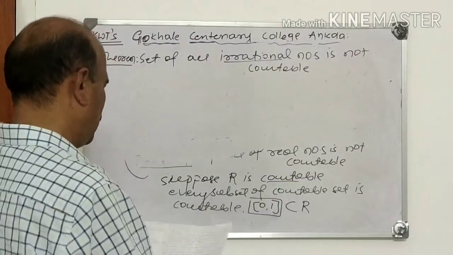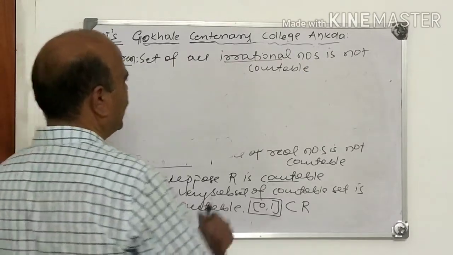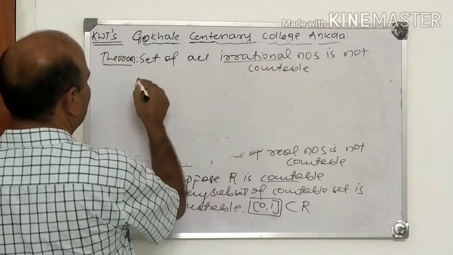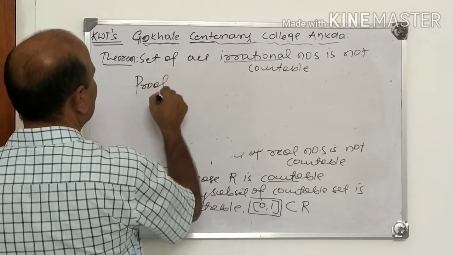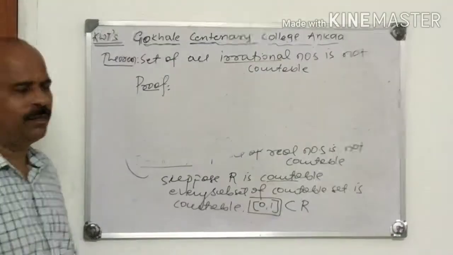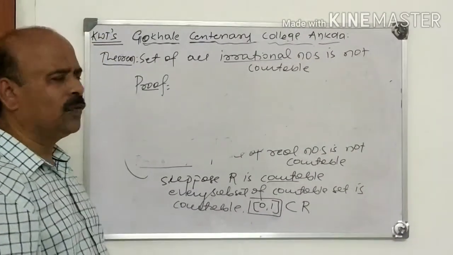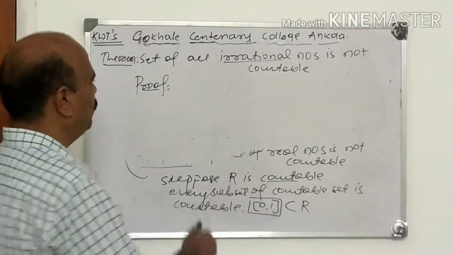This is the next theorem. For that again we use the contradiction method here. To prove this, we have already proved that the set of rationals is countable. You have to refer to that video. The set of rationals is countable.